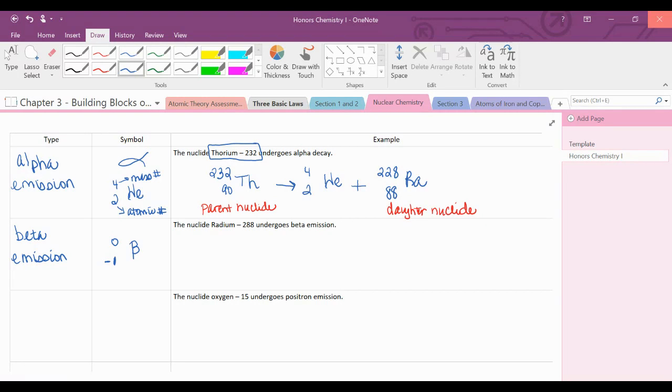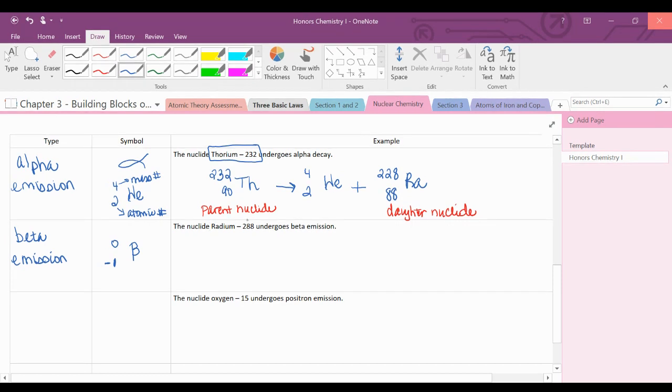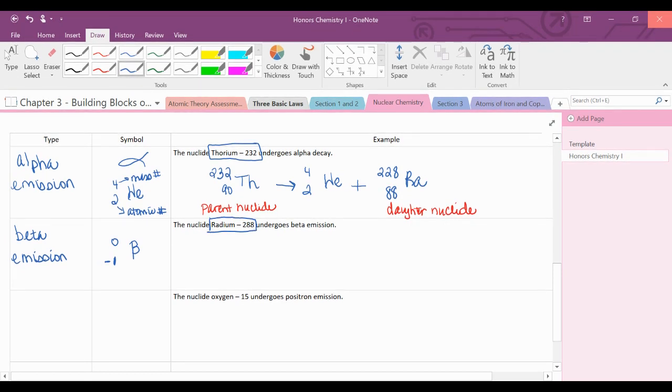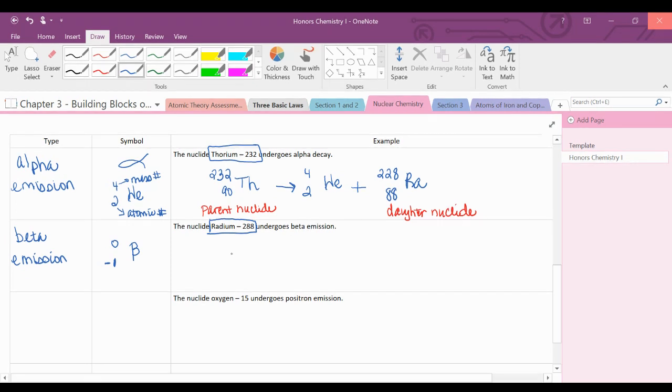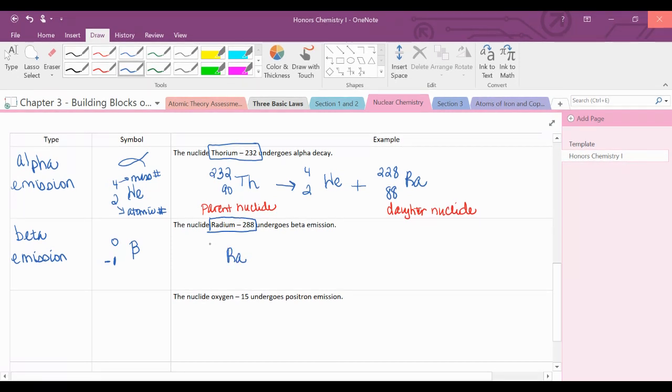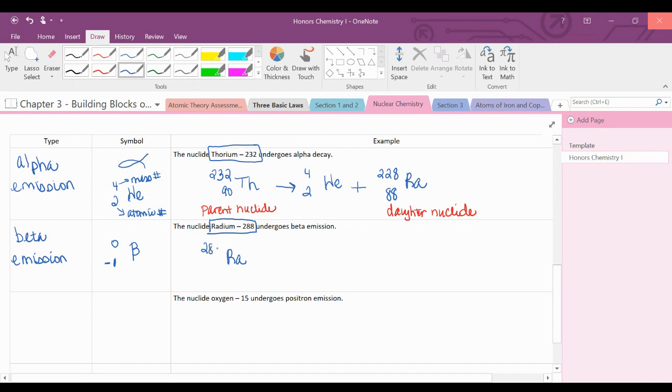So let's look at my example. So the nuclide radium-288. So this is going to be my parent nuclide. So we're going to write the symbol for our radium, which is Ra. The 288 is its mass number.